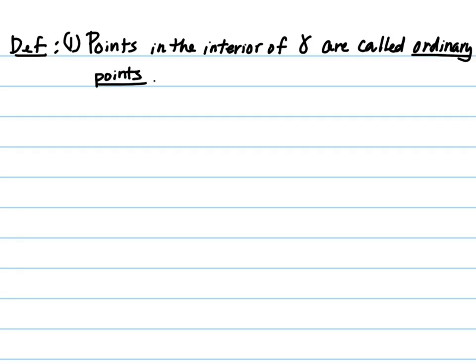And for the most part, that's what we've been discussing, the points in the interior of gamma. Our second type of points are points on gamma. Points on gamma itself are called ideal points.